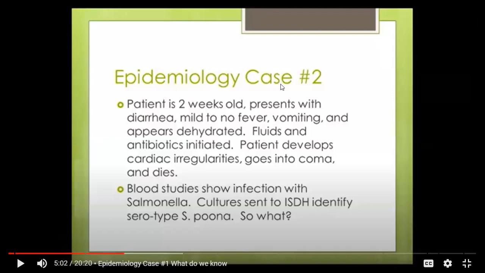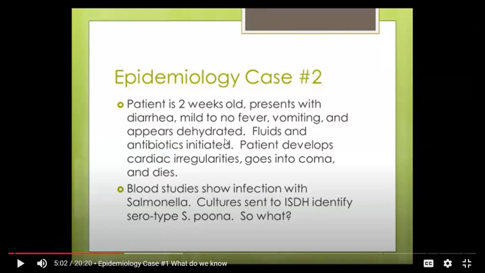Now these are epidemiology case studies. The patient is an infant, only 2 weeks old, presenting with diarrhea, mild to no fever, vomiting, and appears dehydrated.